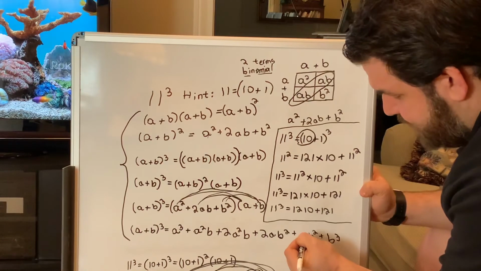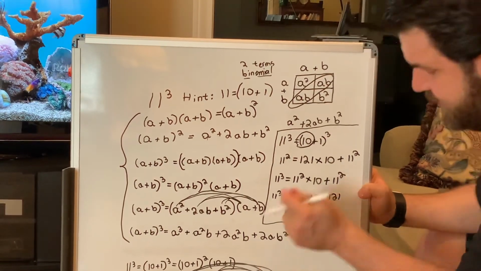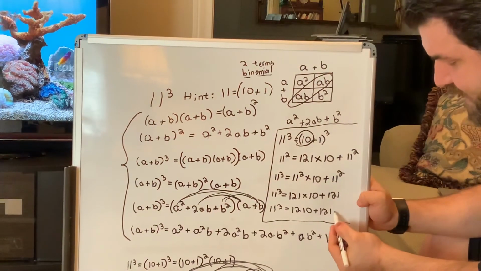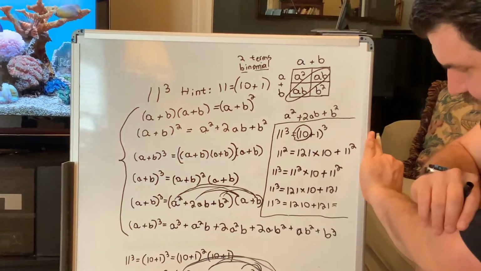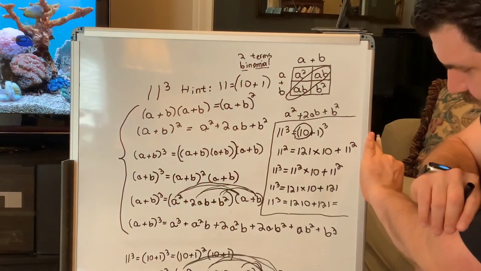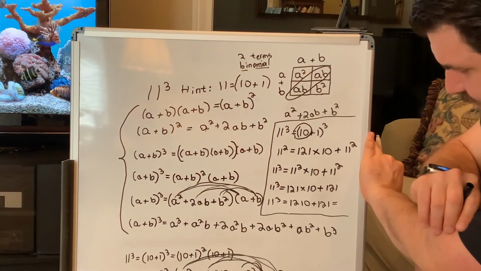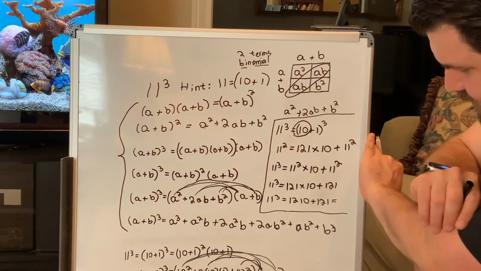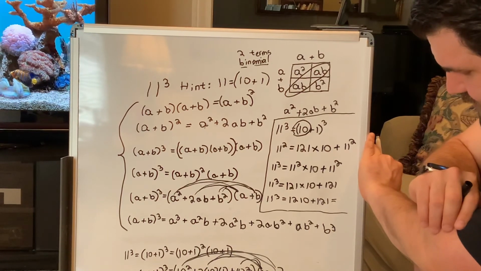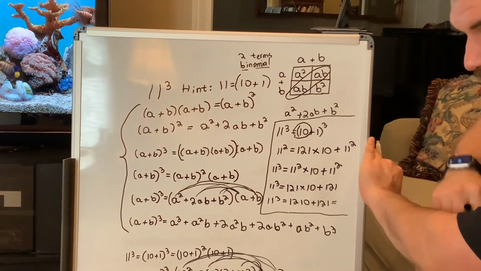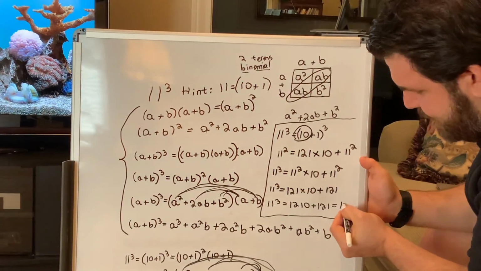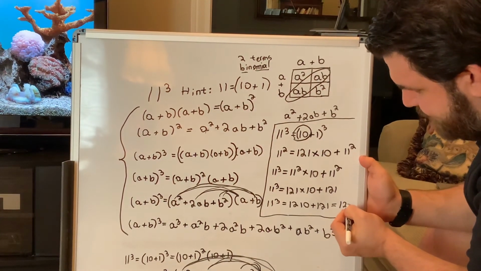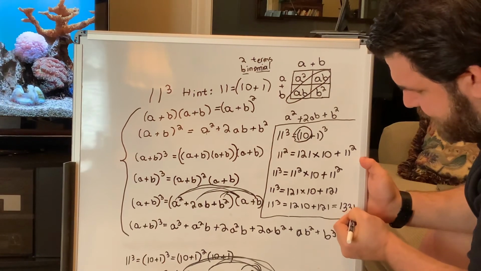Okay, let me fix this. I'm erasing my own writing. Okay, and so now let's ask Siri. Hey Siri, what is 1,210 plus 121? It's 1,331. Oh, so here we end up with 1,331.